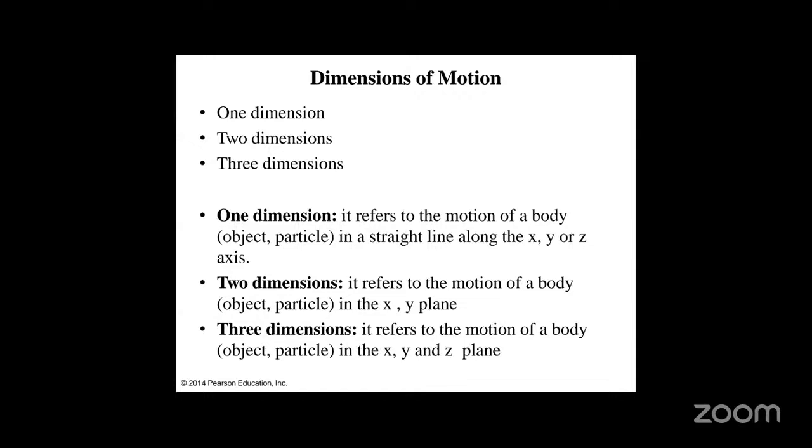So when we say an object is moving in two dimensions, it refers to the motion of a body in the x-y plane. In this case, the motion of the object can only be defined by this.